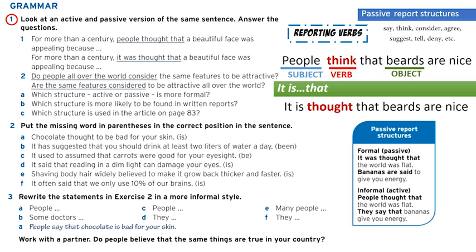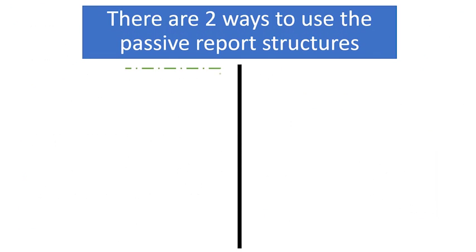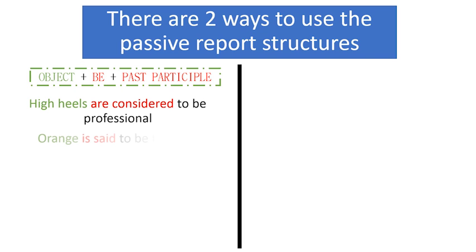Okay? So let's recap the two structures that we just learned. There are two ways to use the passive report structures. The first one is the one that we already know, where we have an object, then the verb be, and a verb in past participle. For example, high heels are considered to be professional. In this case, we're using the object high heels, verb be, are, and past participle consider.